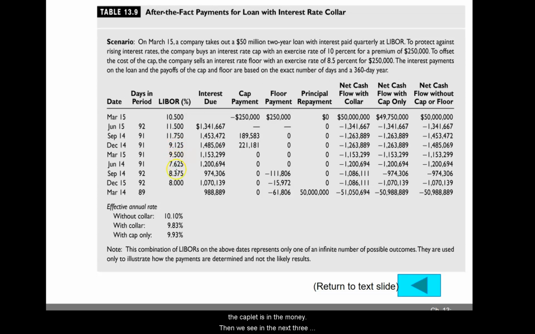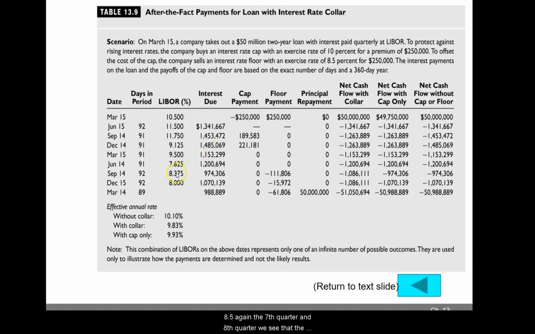Then we see in the next three cases the interest rate floorlet is in the money for the respective quarters. In the first case here, it's 7.625%, so less than the exercise rate of 8.5.